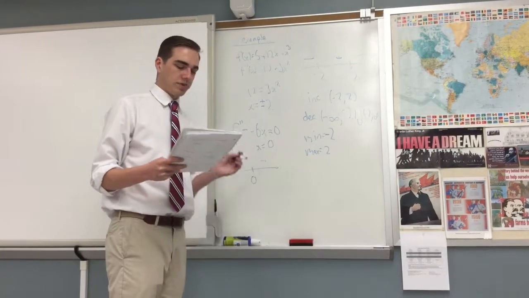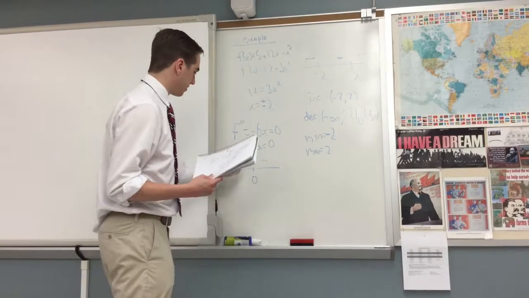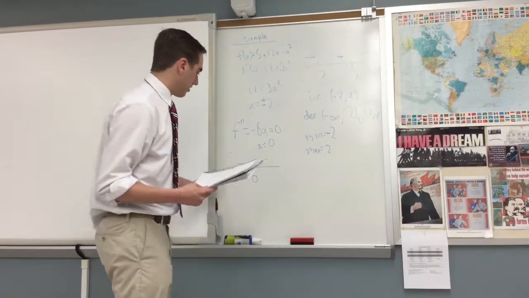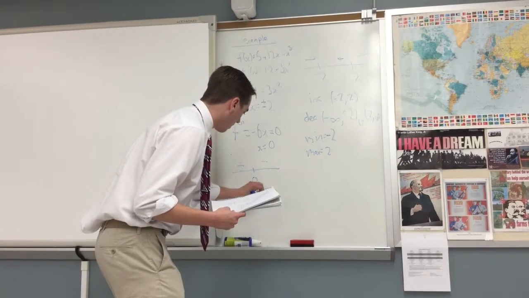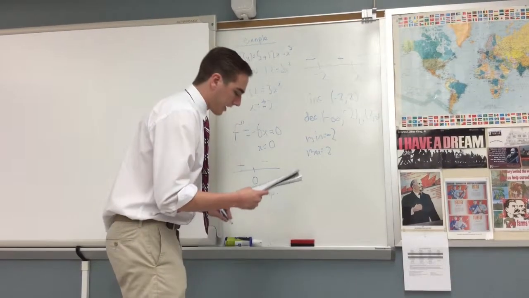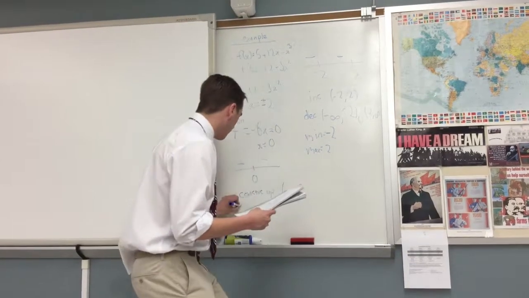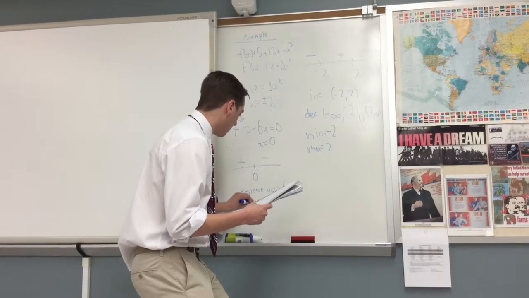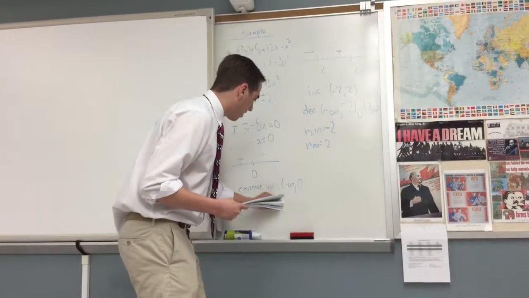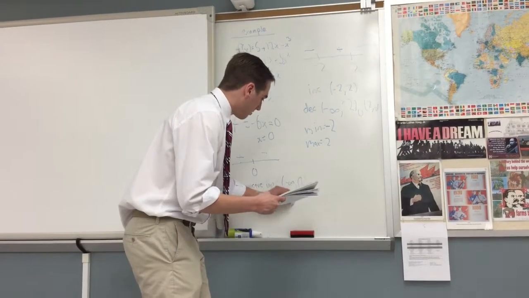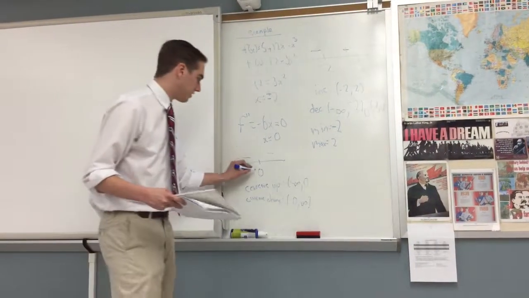And now you can determine where the concavity would be up and where it would change. This is where it changes, and so concave up would be at negative infinity to 0. Concave down would be from 0 to positive infinity, and the point of inflection is obviously at 0.